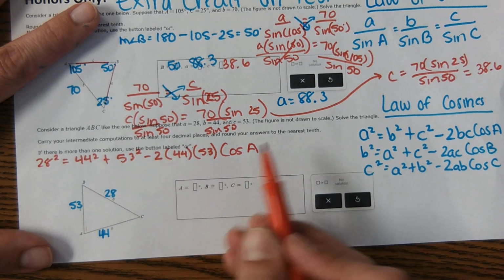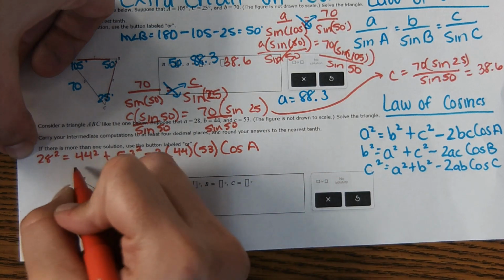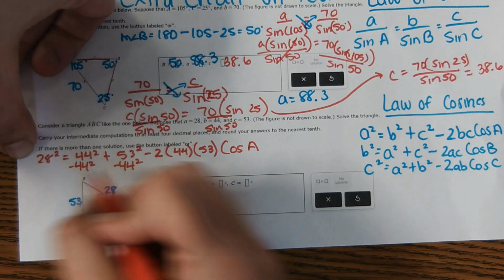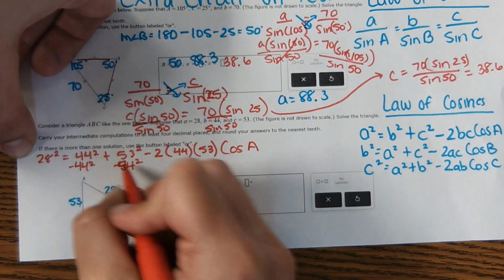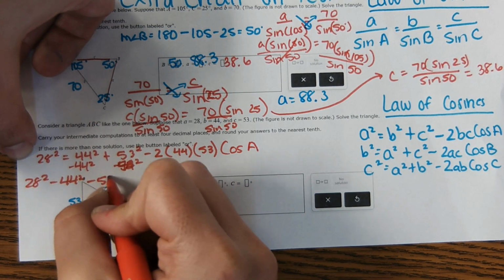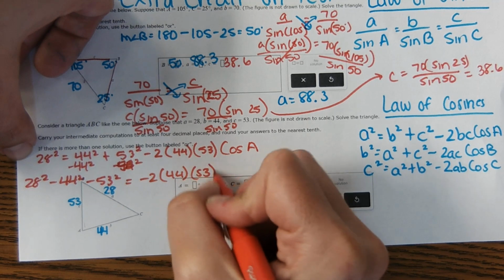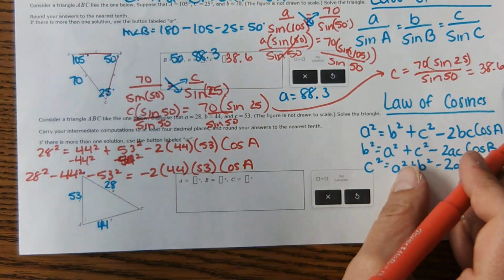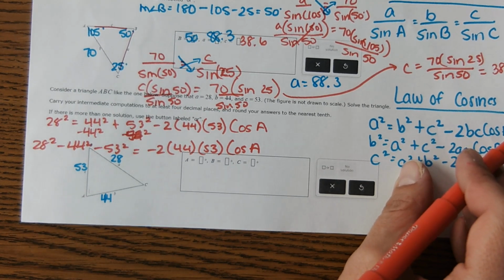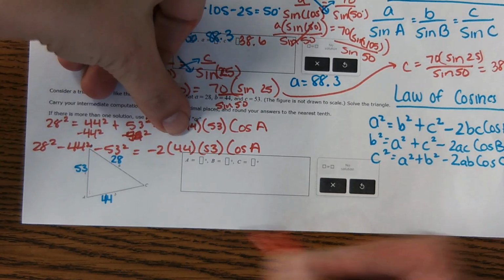Okay, so now that we have this set up, what we're trying to do is get A by itself. So we're going to subtract this from both sides. Oh wait, this would be 53. Sorry, it's 53. So we get 28 squared minus 44 squared minus 53 squared equals negative 2 times 44 times 53 cosine of A. Anybody who brags about how they never had to show work in math, they didn't get very far, because this is what higher level math looks like.